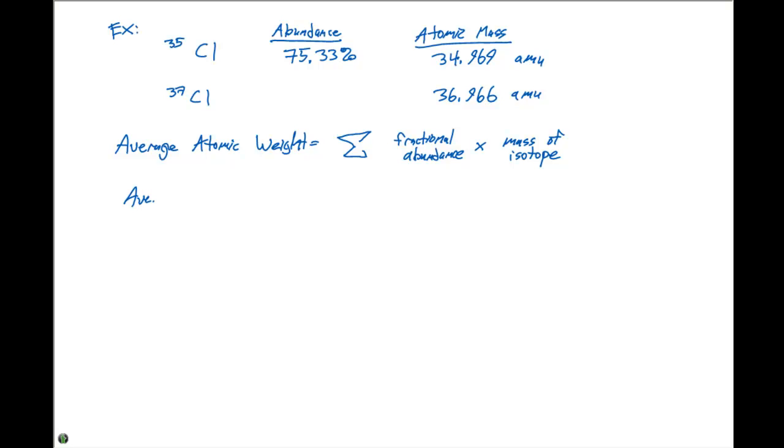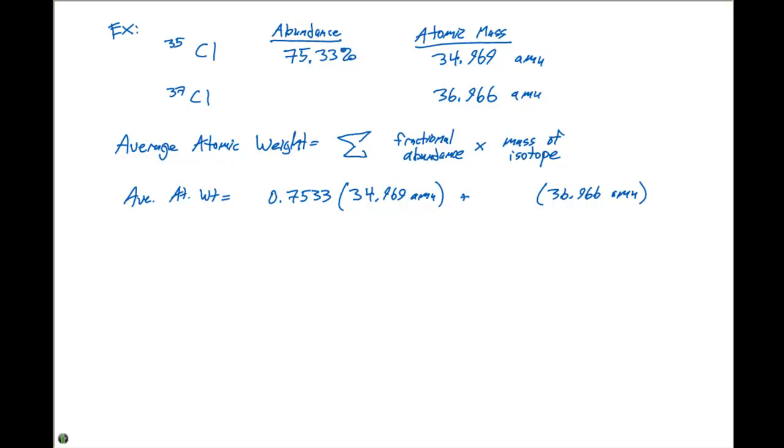So our average atomic weight is going to be equal to the fractional abundance of our first isotope, which we need to express as a decimal, so that's 0.7533, times the mass of that isotope, which is 34.969 AMU, plus the abundance of the second isotope times the mass of the second isotope, which happens to be 36.966 AMU.